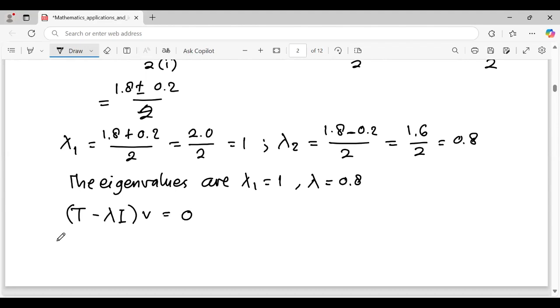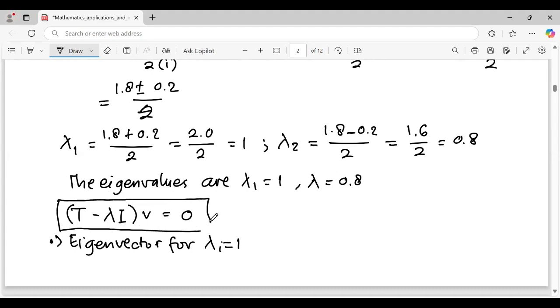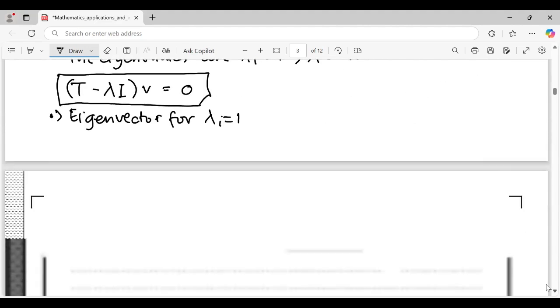Now the eigenvector for the first lambda equal 1. Substitute lambda equal 1 into this equation. Through this equation, we can find the eigenvector of matrix T. I am going to scroll down first.